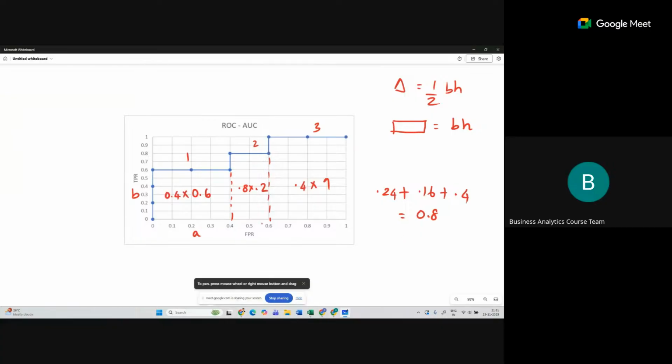So what we saw here is that we computed TPR and FPR for various thresholds, and we plotted the ROC curve. From the ROC curve, we computed AUC. Is this clear? Yes, sir.